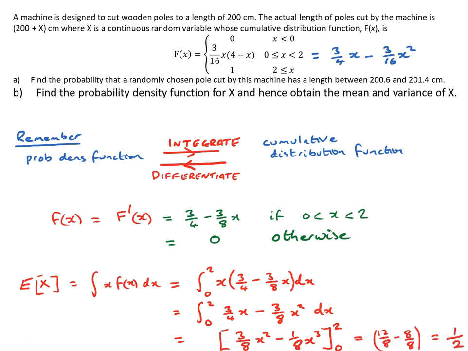When x equals 2, 3/8 x squared - 1/8 x cubed is 12/8 take away 8/8. And when x equals 0, the value is just 0 - 0, so it doesn't give us anything at all. So we end up with the expected value of x being 1/2.